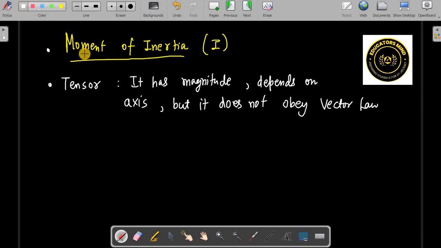Okay, so let us understand what this moment of inertia is. First of all, what is moment of inertia?